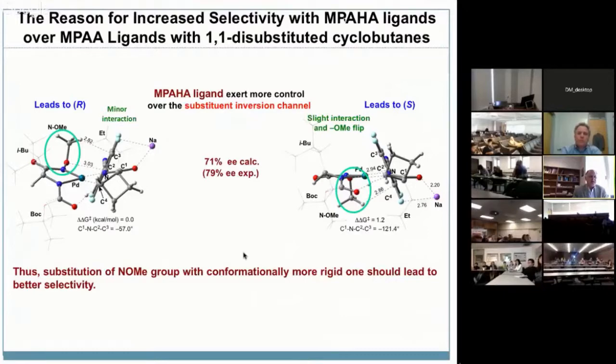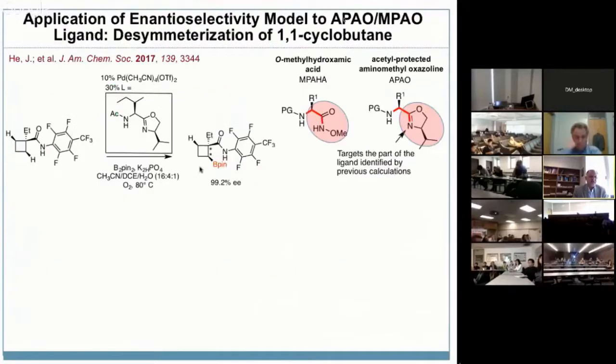When we came to this conclusion, Jin-Quan Yu's group published a paper on CH bond borylation with the same desymmetrization of these cyclobutane substrates. And indeed, they show that going from the methylhydroxamic group to aminomethyloxazoline improves the selectivity of the reaction to 99%.